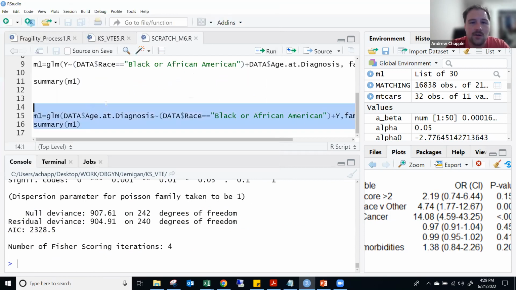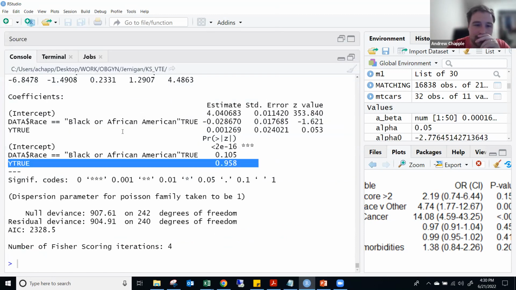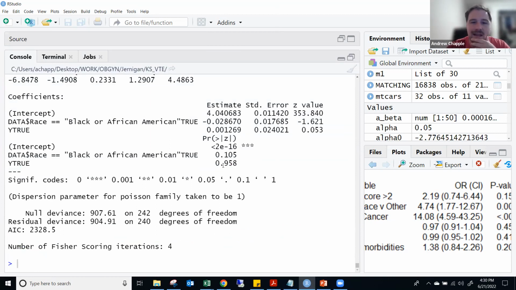If I run this code here, just to give you an interpretation: Y here is my venous thromboembolism. Here I see that it doesn't have an impact on age, and neither does race. That makes sense, right? Really, age should be predicting VTE and not the other way around. And it also makes sense that race and age are not associated for this data set.